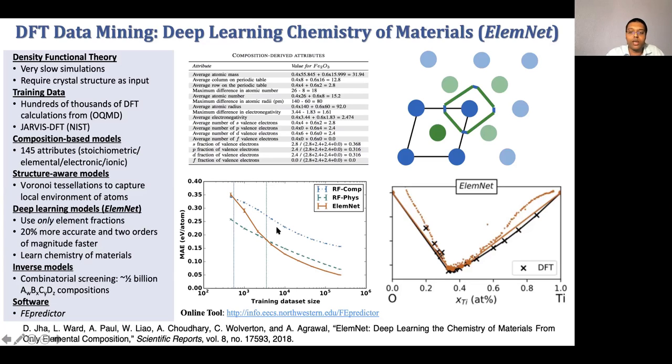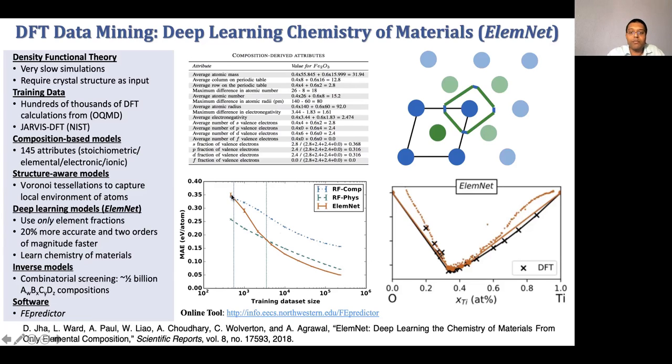So here I'm showing 3 different curves. This top curve is random forest, which is one of the traditional machine learning algorithms, with the elemental fractions as input. And this green curve is again random forest with physical attributes as input. So if we add this kind of domain knowledge, obviously the error goes down significantly.